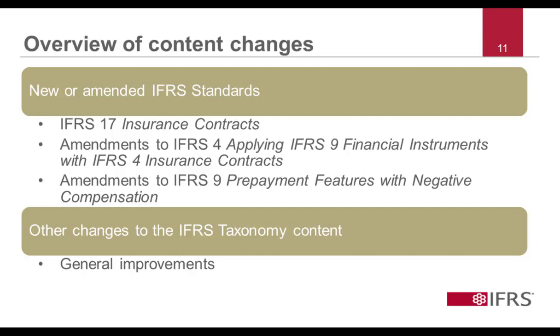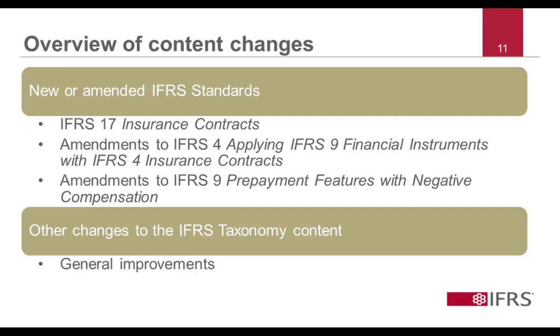Well, I would like to now tell you a little bit about new and amended IFRS standards. So in the IFRS Taxonomy 2018, we are reflecting the new standard related to insurance contracts, IFRS 17. The second change relates to amendments to IFRS 4 that was published in 2016.